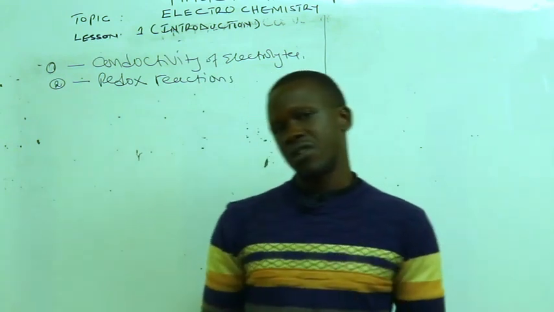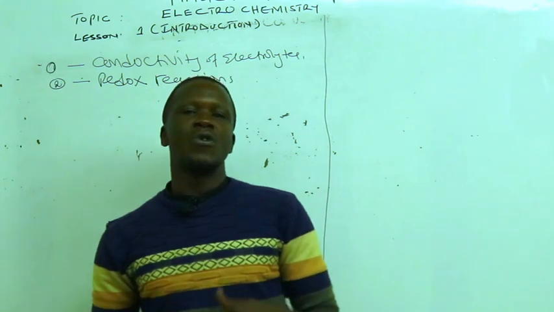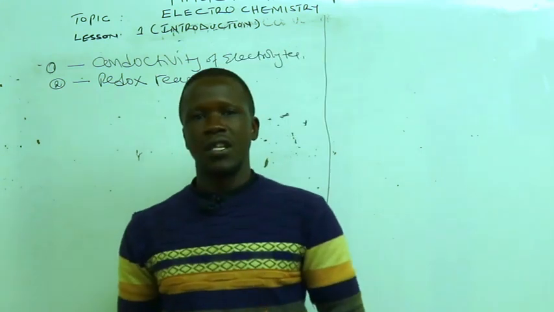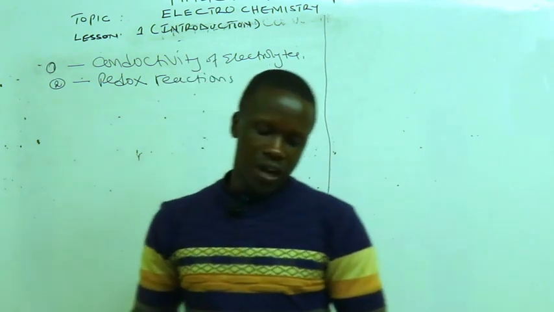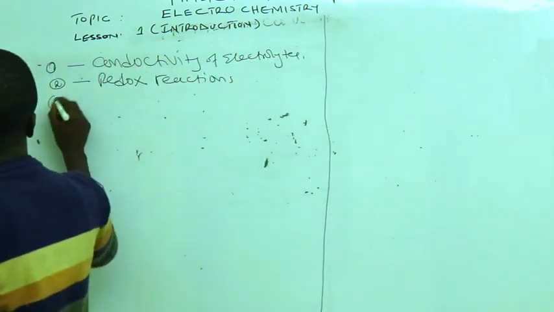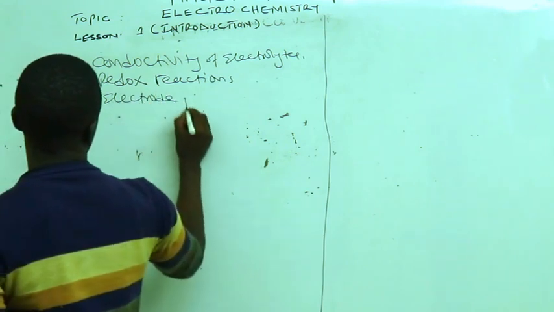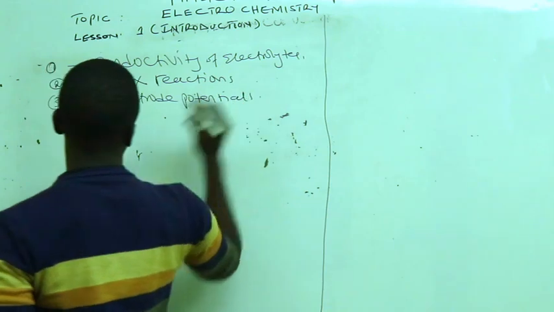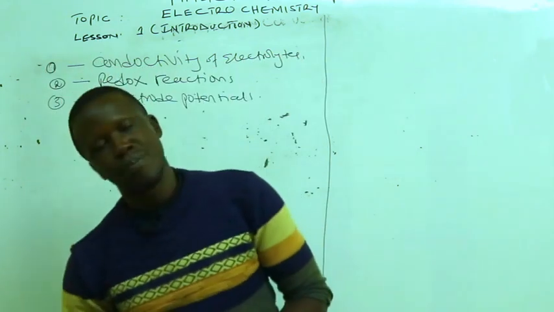It is these reactions of oxidation and reduction that will lead to transfer of electrons and generation of current. So we need to understand what we mean by redox reactions. Also, number 3, we shall have a look at what we call electrode potentials. We shall understand what we mean by electrode potentials.